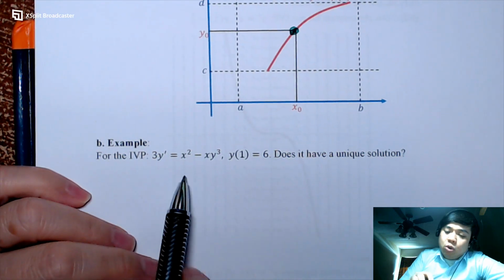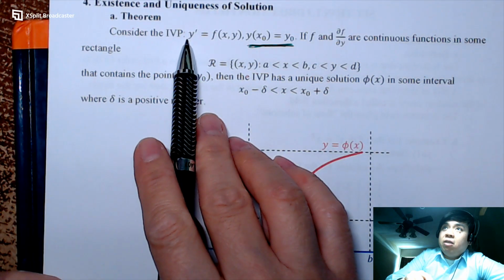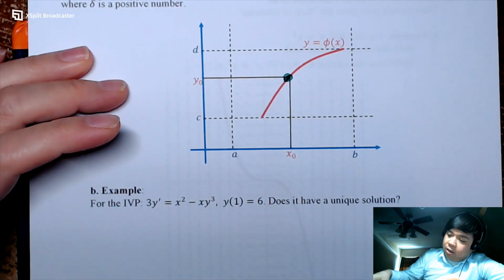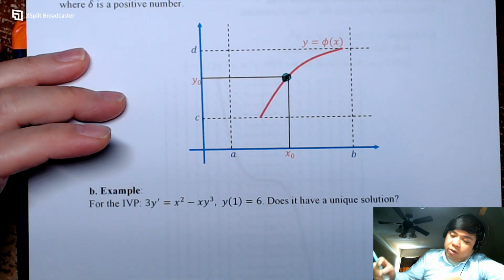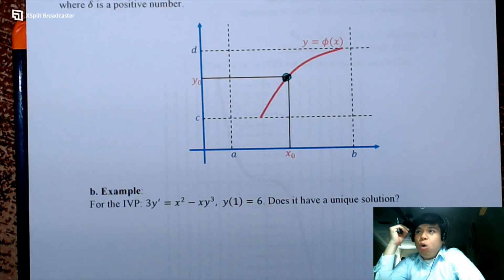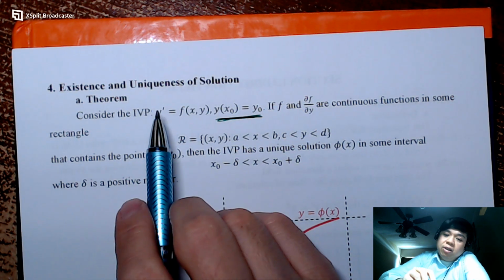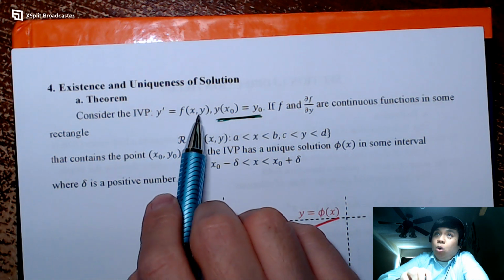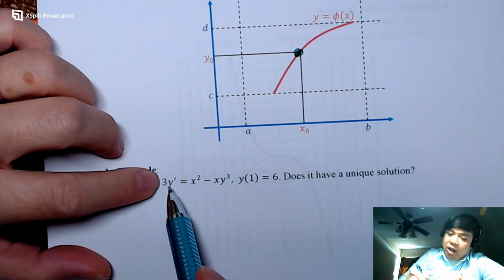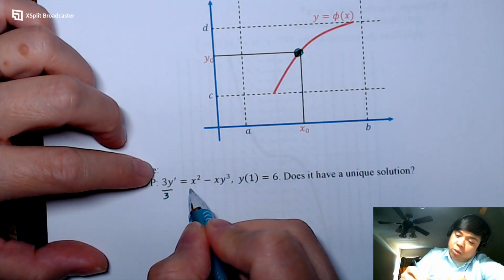Okay, so first when we look at this, we have to change it to the form of derivative equal to something. It's very important in differential equations that there are a lot of formulas, and a lot of things have to be in the right form to use the formula. And in this case we have the derivative equal to a function. So we have the derivative times 3. So the first thing we do is divide by 3.